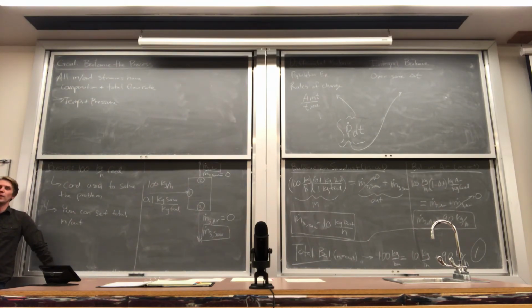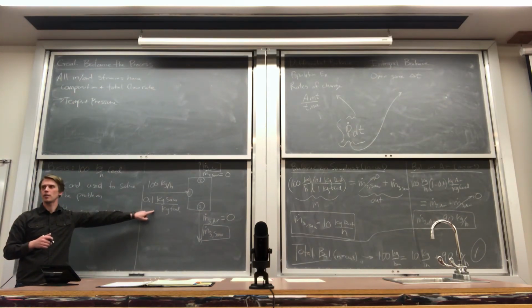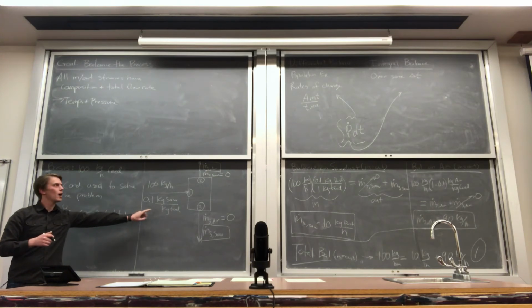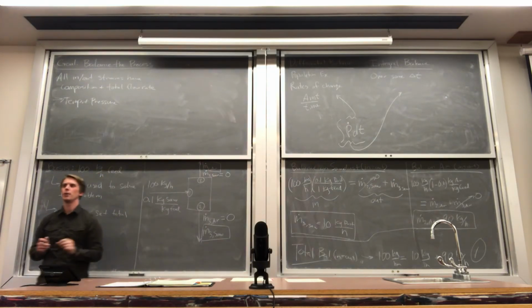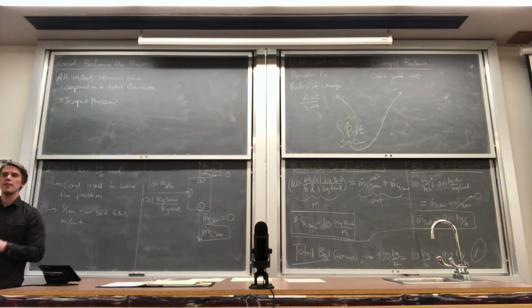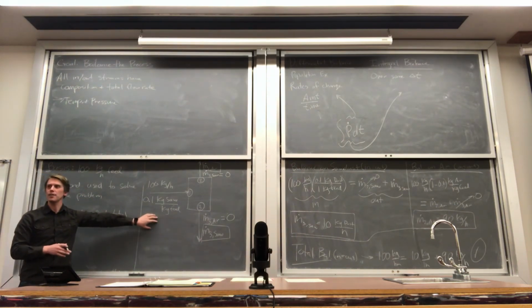Right? Because I could have very easily rewritten this problem here, and instead of saying 100 kilograms per hour of contaminated air is fed to the cyclone separator, I could have said some amount of air is fed to the separator. And that air is 10% sawdust. 100% of the sawdust goes out the bottom, and 100% of the air goes out of the top. Now, this problem solution would have been exactly the same.